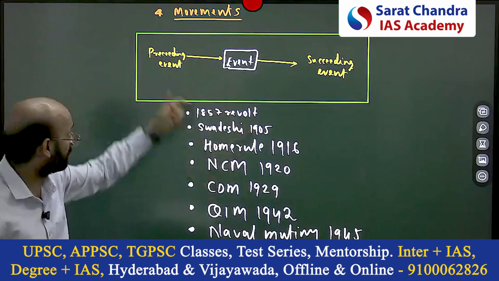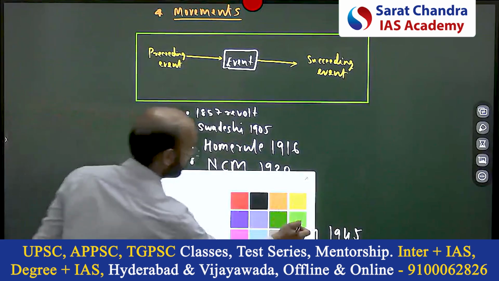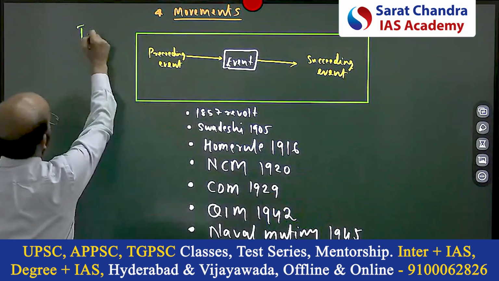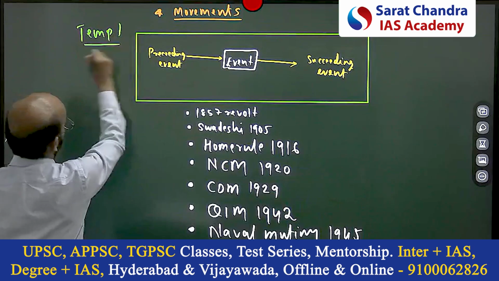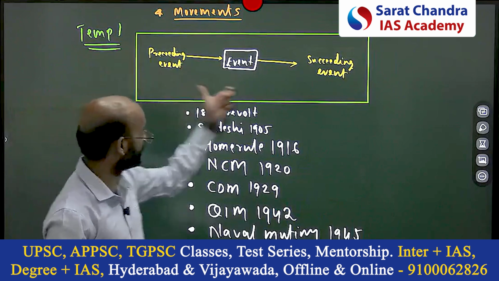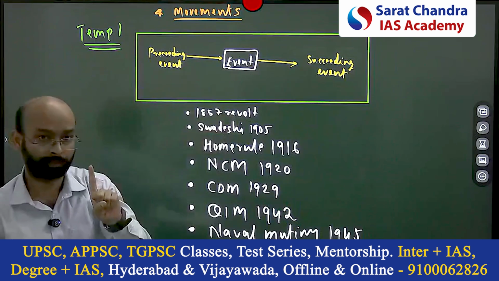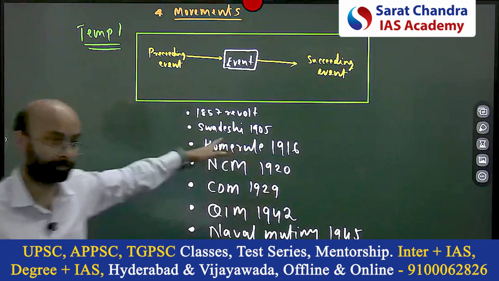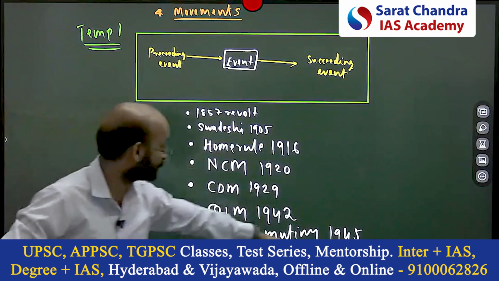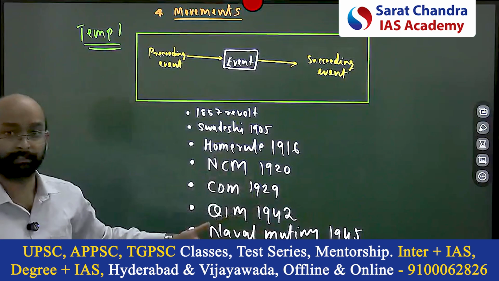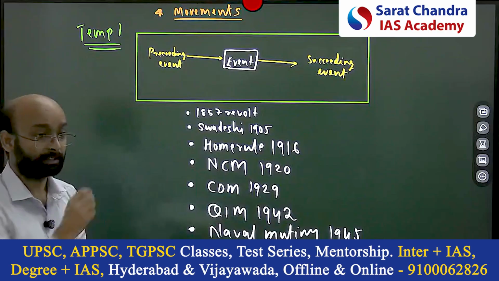And this is your template 1: you have to cover the preceding events and the succeeding events on these topics. Clear? Now let's try. Naval mutiny, that is a revolt. Basically, they revolted.